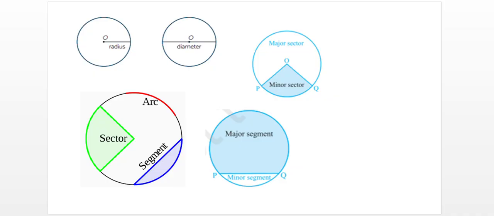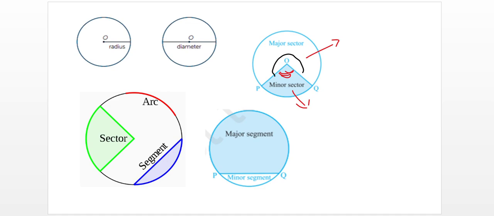Okay, let's discuss some more definitions. Now, here's another one. What is the minor sector and what is the major sector? Remember, when you make a central angle, you actually have two central angles here. One central angle is smaller and the other one is bigger, right?